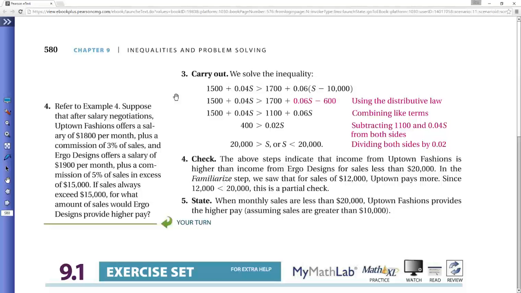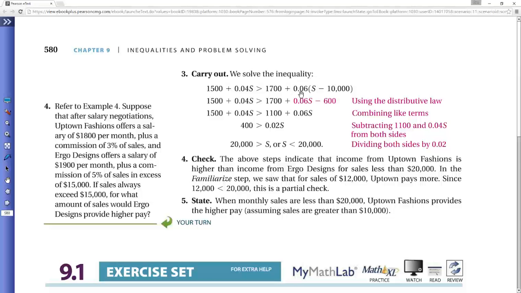So to carry out, we solve the inequality which we generated, and remember you need to follow order of operations. Here I have a multiplication and addition. I can't do anything else here. I have a multiplication and a grouping symbol. Well, I look in the grouping symbol, I can't do anything with that S minus 10,000. That's as simple as it can get.